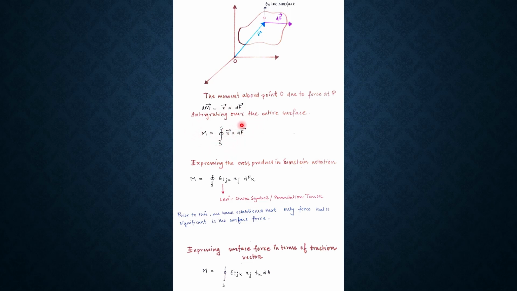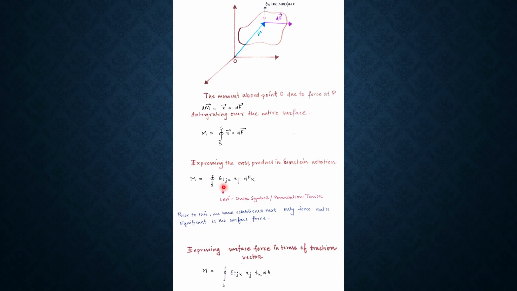Now we can express the cross product in index notation, or the Einstein notation, in this way: epsilon ijk rj dfk. Rj and dfk are components of the vectors r and df, and epsilon ijk is something that is known as the Levi-Civita symbol or the permutation tensor.